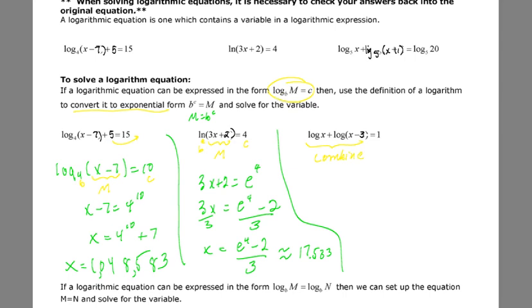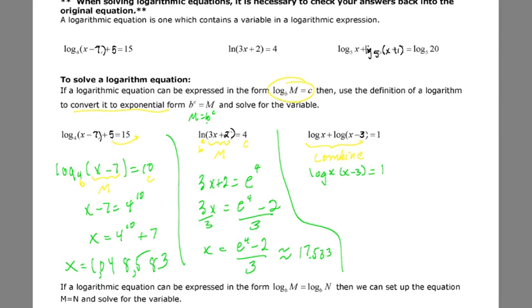Those two logarithms will combine since they're added with multiplication. It'll be log of x times x minus 3 equal 1. Notice by combining them, I have it in the desired format, log of some quantity equal to a constant.